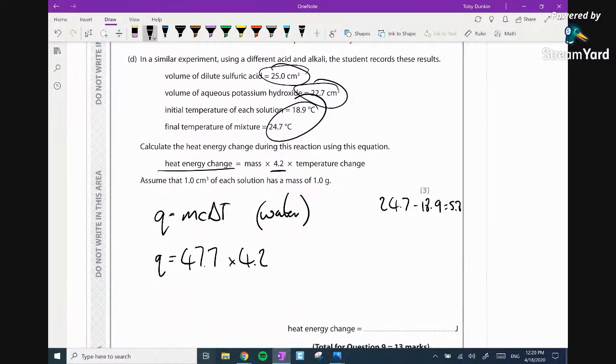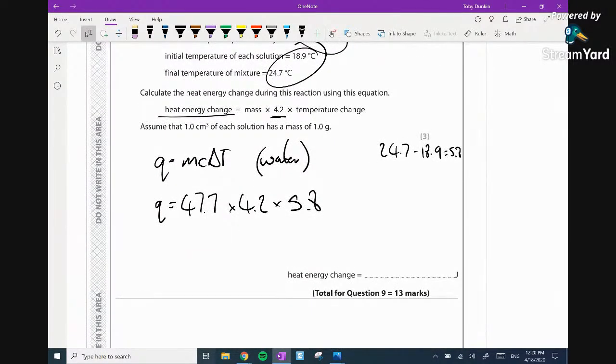They're going to want that somewhere. It's going to be worth a mark. So I get a heat energy change of 47.7 multiplied by 4.2 multiplied by 5.8. Assume 1 centimeter cubed is 1 gram. And I get 1,162 joules of energy.